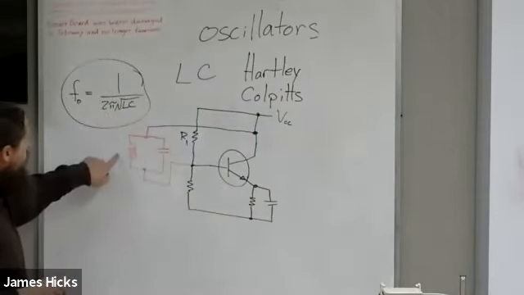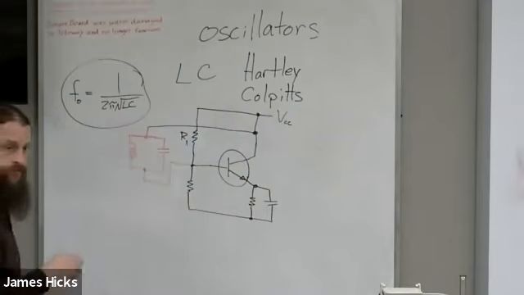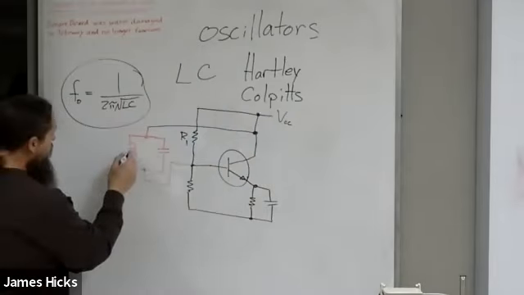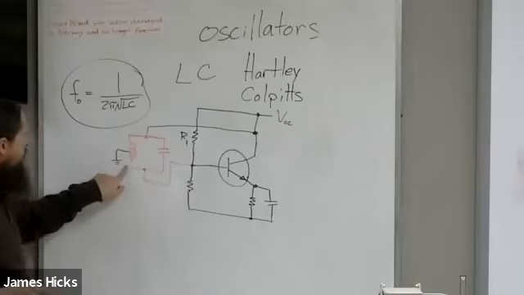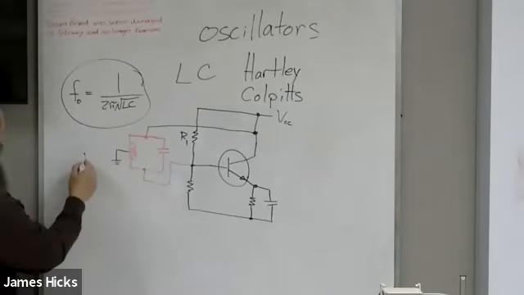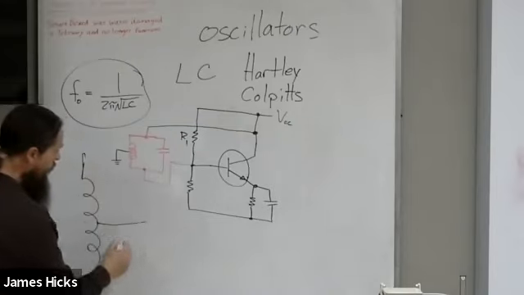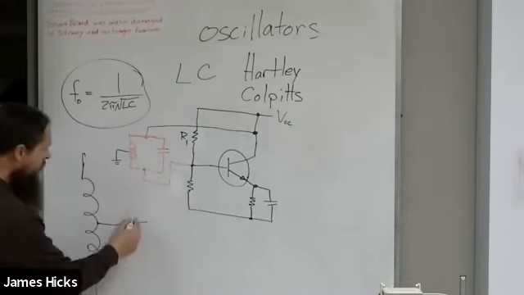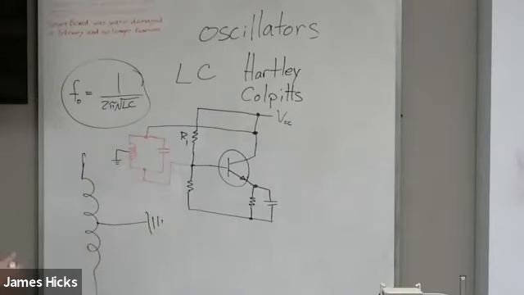We're going to do one more thing with this. So my L and my C: this is a special inductor that is center tapped. So it's a long coil of wire, and right in the middle is another leg of the wire coming off, and that's going to ground.